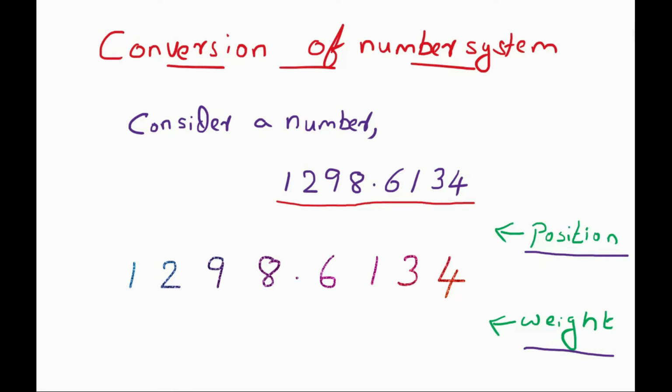Consider this number and suppose this is a decimal number, that is to the base 10. If it is a hexadecimal number, it will be written as to the base 16 because hexadecimal number has 16 symbols.